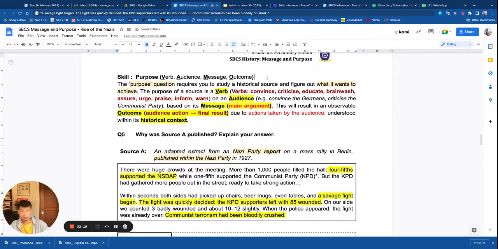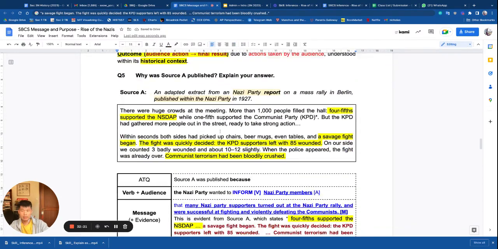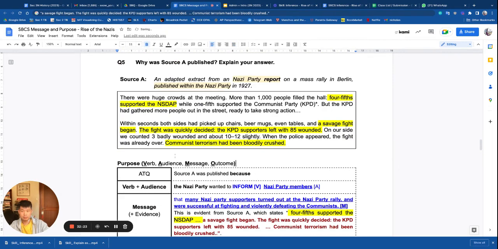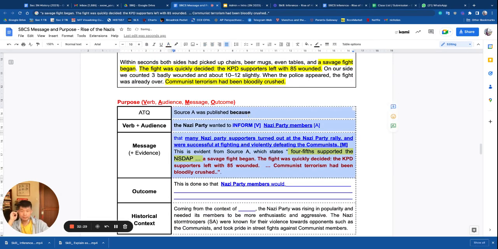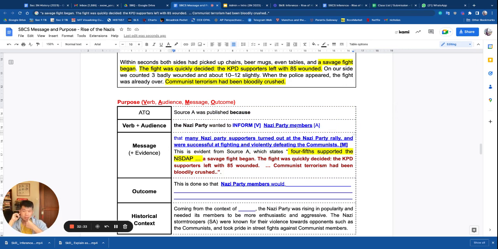So, I'm going to ask you to do something now. I want you to read this whole answer so far, and think. If you were a Nazi party member and you just read the report's message is many Nazi party supporters came to the rally. They were successful at defeating the communists. What is your next action? What would you do?